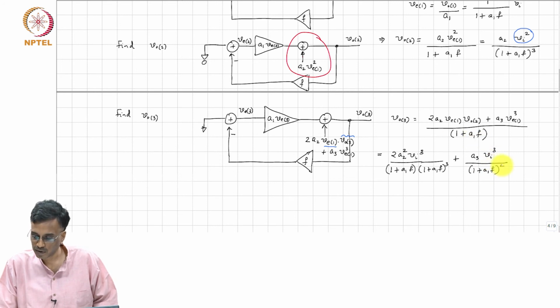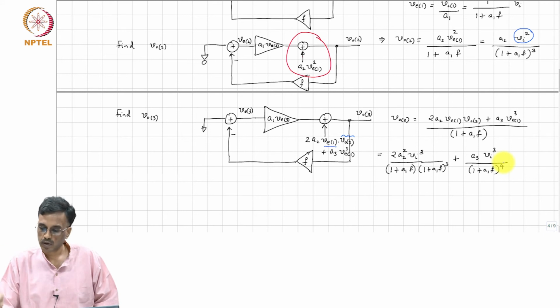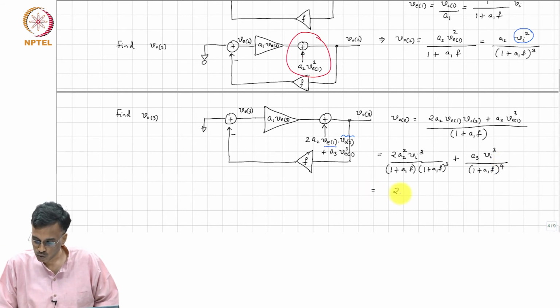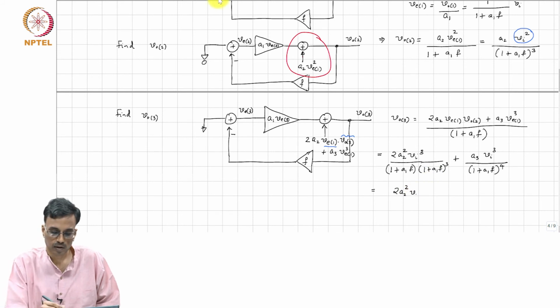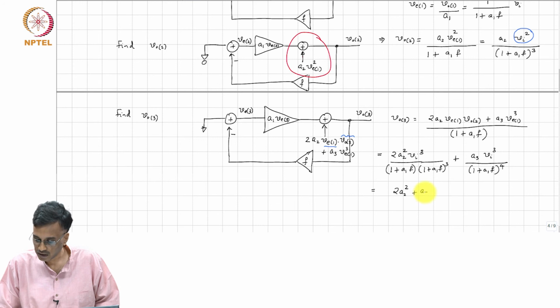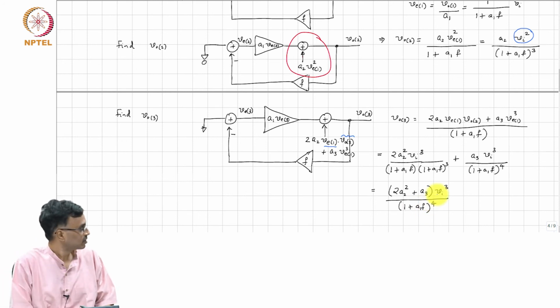So that becomes to the power 4. So, this is nothing but 2A2 square plus A3 times VI cube divided by 1 plus A1F whole power 4. Am I missing something?